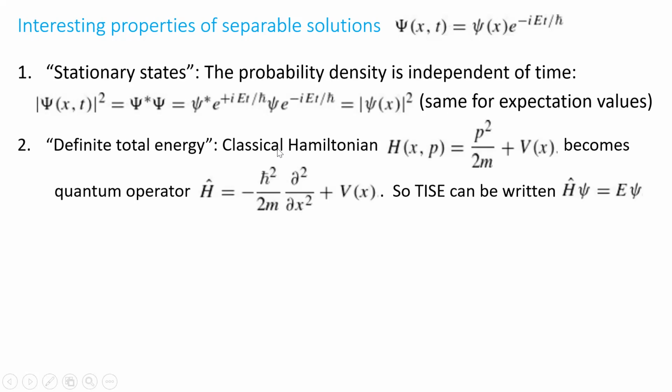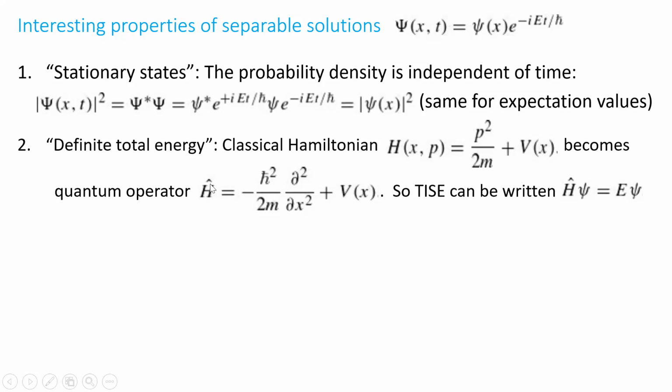The second interesting property of the separable solutions is that they have a definite total energy. In classical mechanics, we call the energy the Hamiltonian, which some of you may have heard of. It's basically the total energy. The Hamiltonian would be the kinetic energy, p squared over 2m, plus the potential energy, V of x. In quantum physics, this becomes the quantum operator, H hat, and hat means operator.